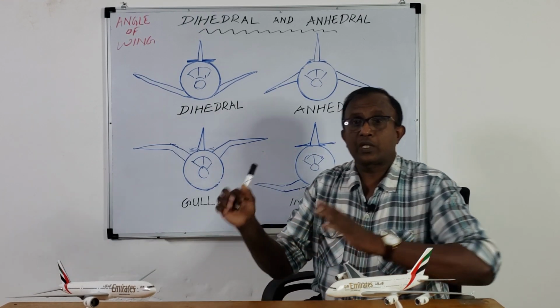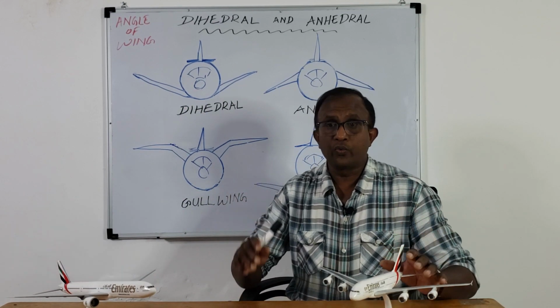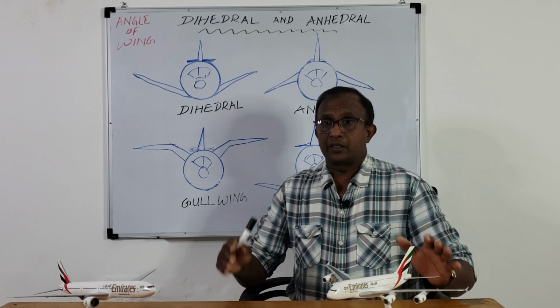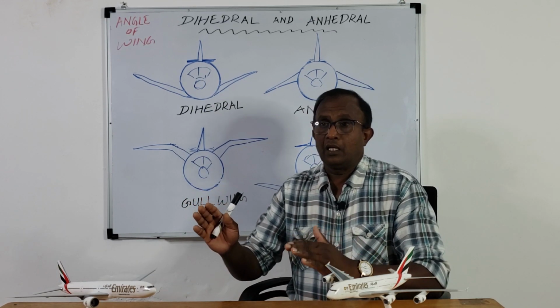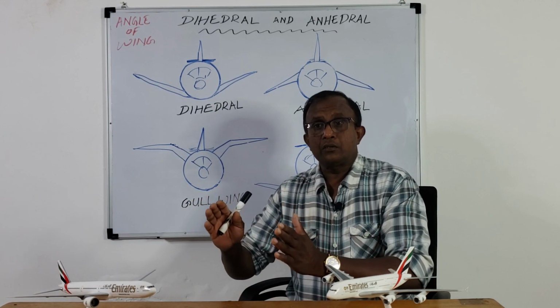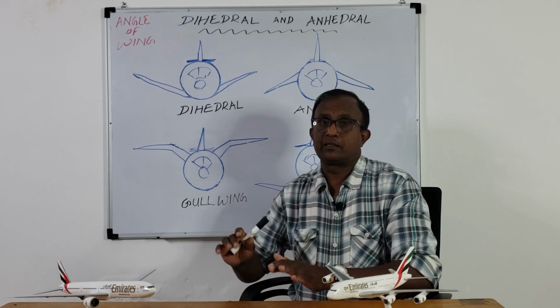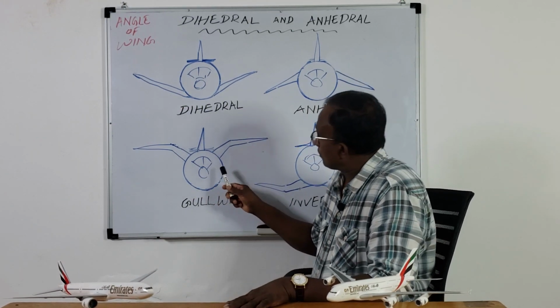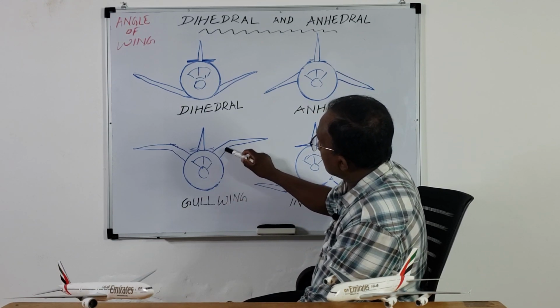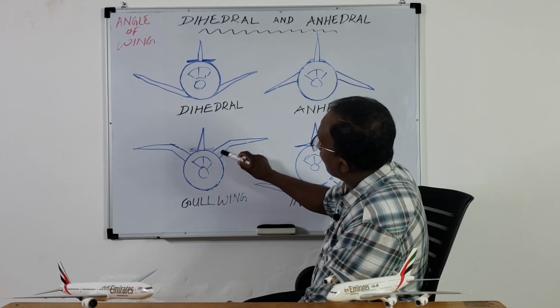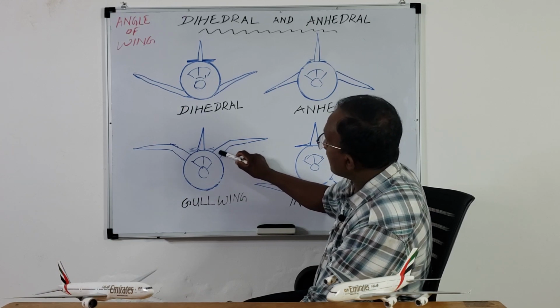Okay, the next one is gull wing. Sharp dihedral on the wing root section, little or none on the main section. So this is the fuselage, this is the root section. Root section is dihedral.